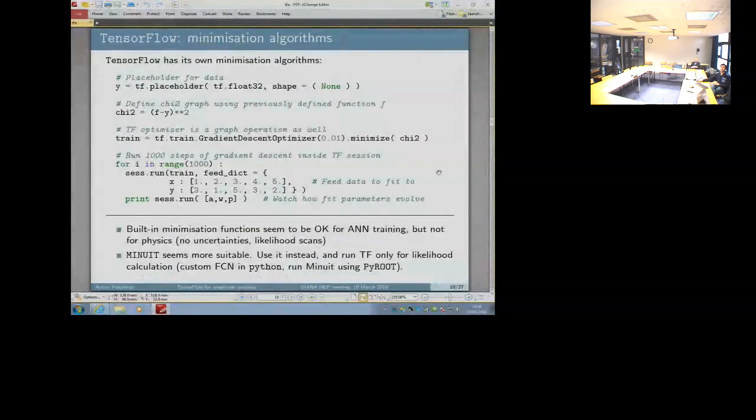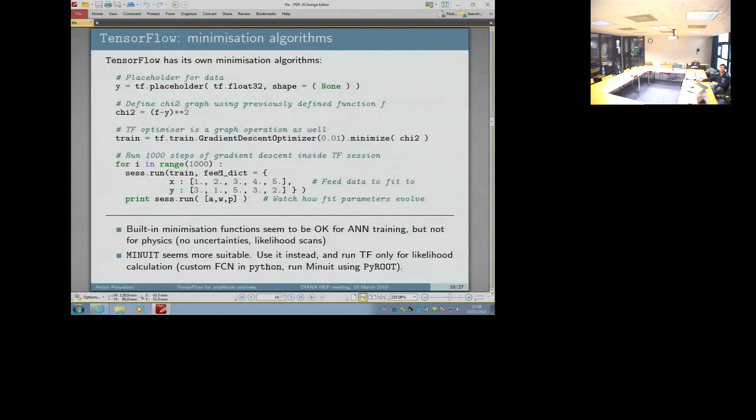So TensorFlow has its own minimization functions, which are typically good for machine learning, but maybe not very well suited for physics. So just an example here. For instance, you have some chi-square measure you want to minimize, and some data you want to fit to, right?